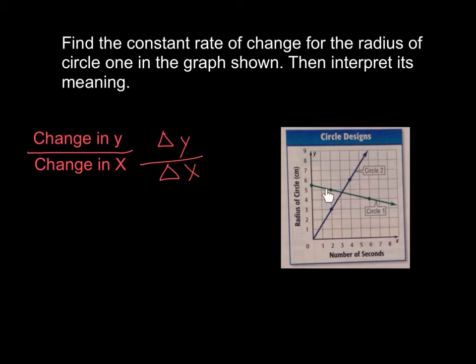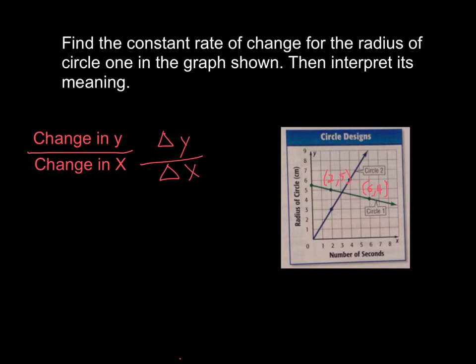So this is a linear equation, a straight line. So I can pick any 2 points and I can find the rate of change. So I'm going to pick those 2 points right there. So I wrote the coordinates of the 2 points right here, and I'm going to take a look at the change in y. Okay, so the y at this point was at 5, and here at this point the y went to a 4.